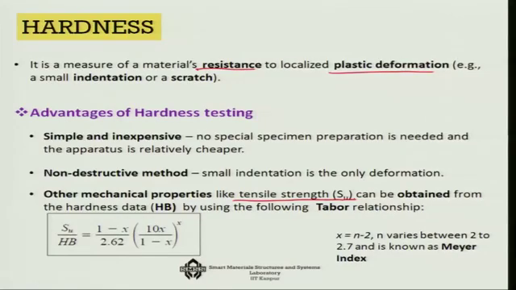For example, for metals there is something called the Tabor relationship, in which if you know the hardness data in the Brinell scale, the HB data, you can use that data and find out the ultimate tensile strength SU using this relationship, where x is n minus 2 and n varies between 2 to 2.7, and this is also known as the Meyer index. So, this is just an example of how you can further exploit the hardness data and find out certain important properties.